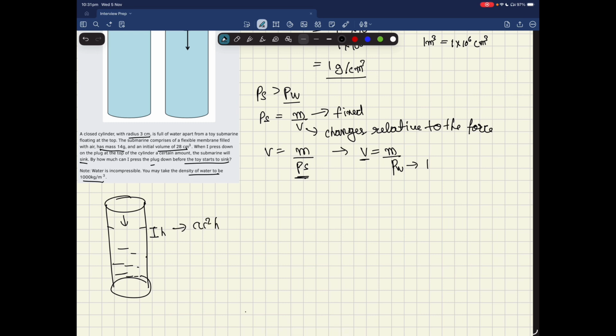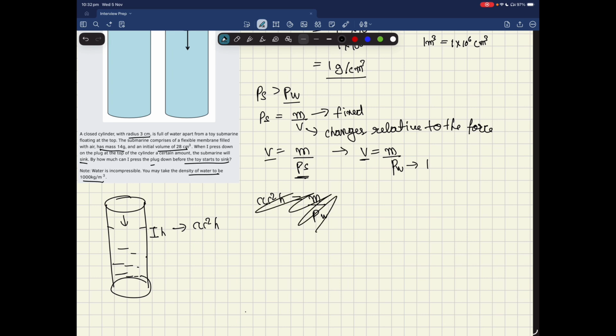In this case, we have the value of r and we need to find the value of h. So I can sub the value of V in to get pi r squared h equals m over rho W. I can rearrange for h.